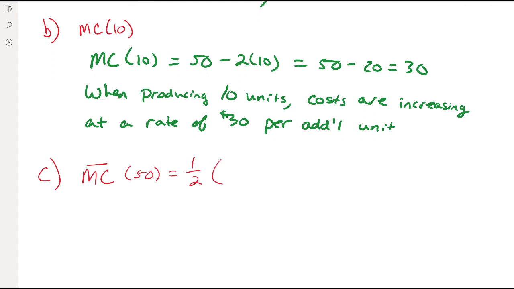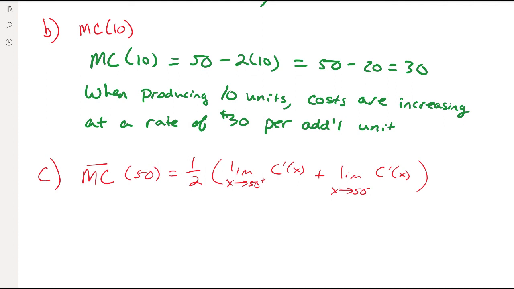It's 1/2 times the limit as x approaches 50 from the right of our marginal cost, plus, and this formula looks horrendous but it's not that bad. All this means is you simply take 1/2 of your marginal cost from the left and your marginal cost from the right.